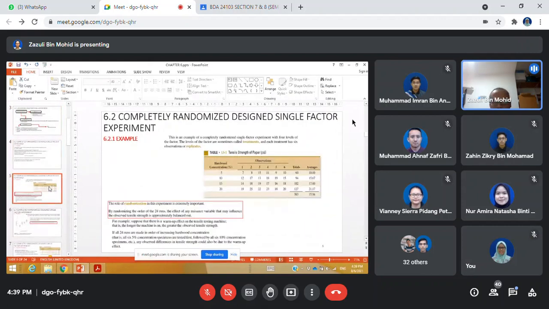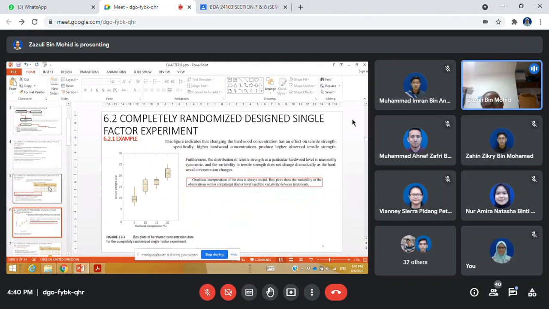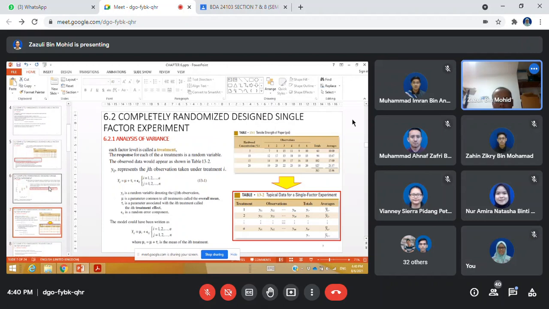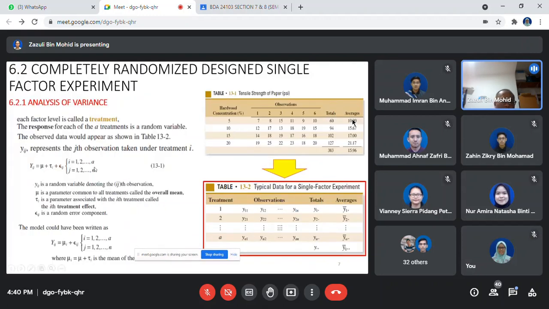Okay, you can trace the calculation from one to the next. So we have data like this, tensile strength of the paper, and then how we show the tendency or the direction of the influence, and also the raw data given like this, and then we have the calculation.